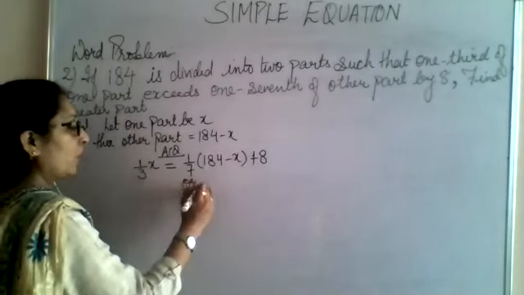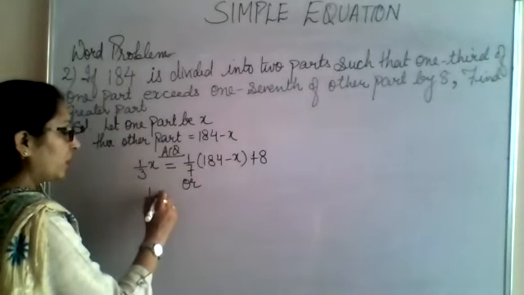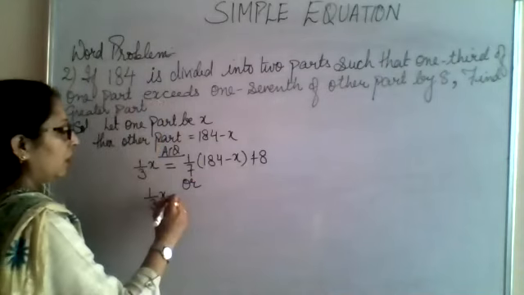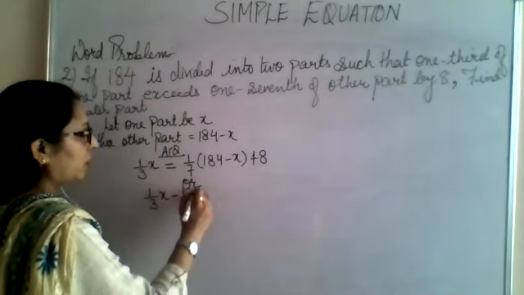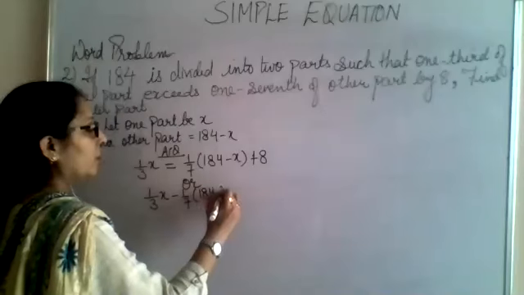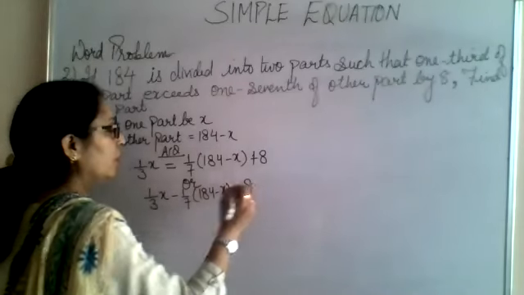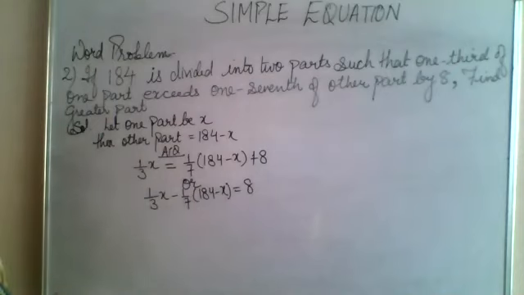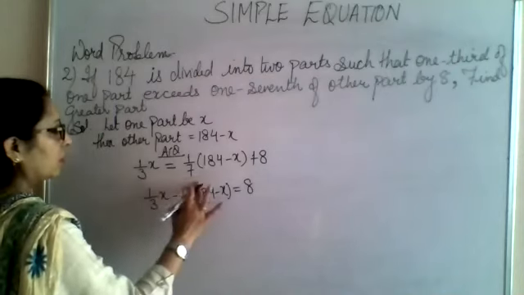Or you can do in this way, difference between, it means this is greater, 1/3 part is greater than 1/7 part. By how much? By 8. So you can do in this way also. Both equations are correct. Now open bracket.